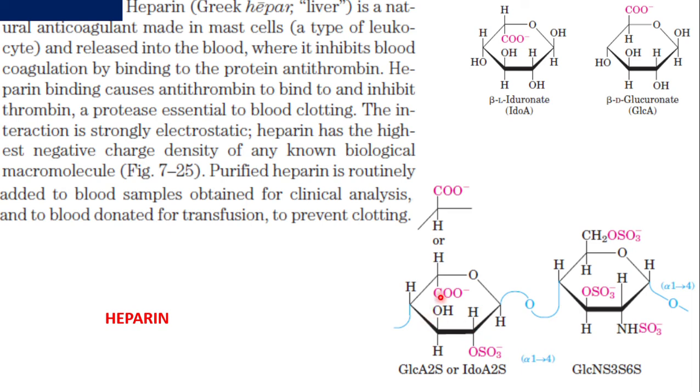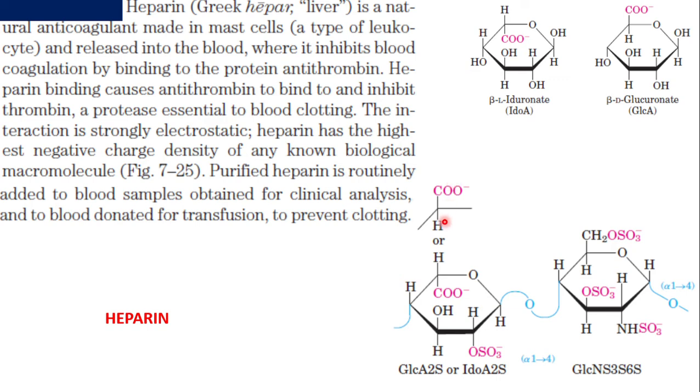One of the monomeric units is either glucuronic acid sulfate or hyaluronate acid sulfate. How do they differ? You see, this is the molecule, and here either the COOH is downward or the COOH is upward.